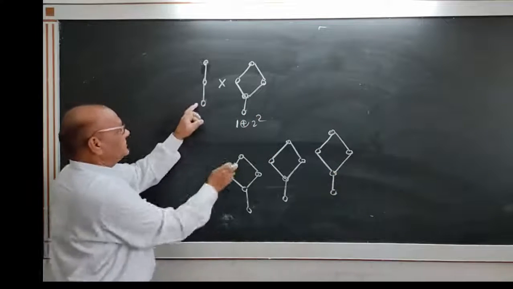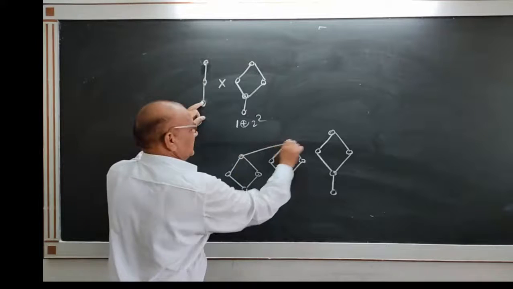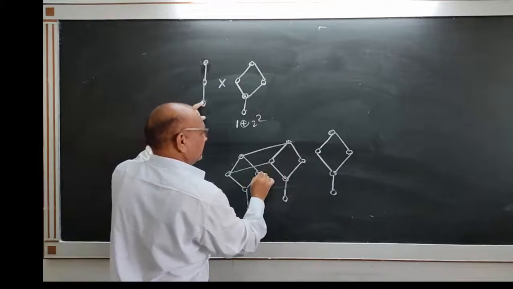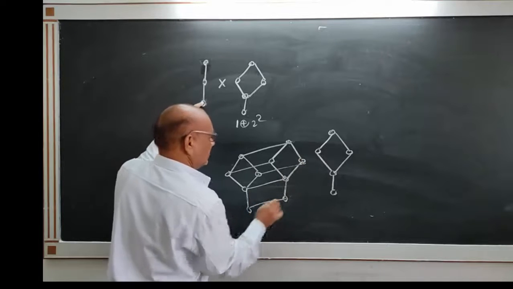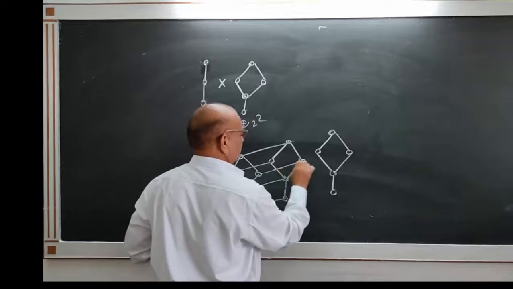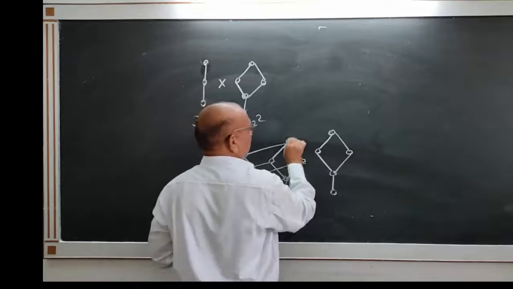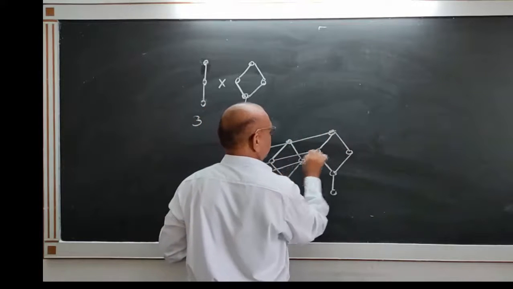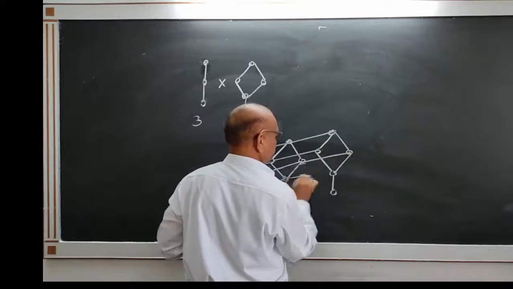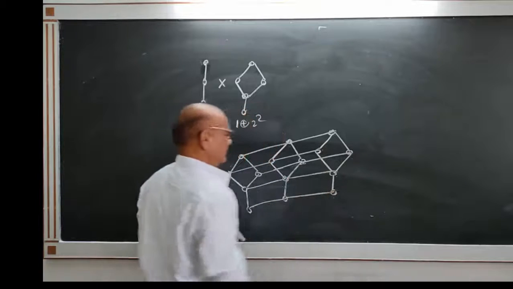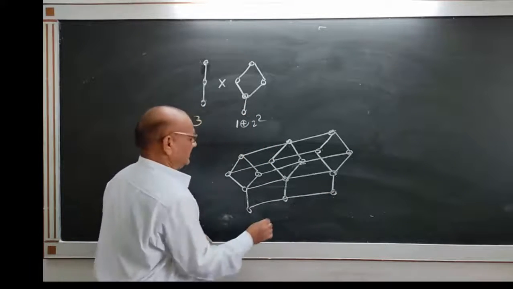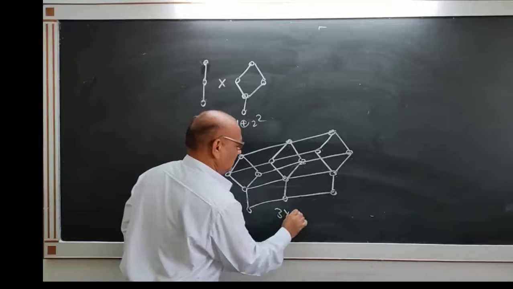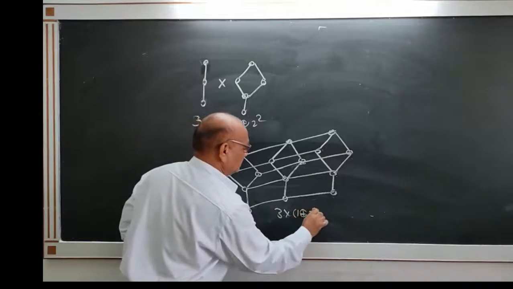And the corresponding join of these two, that means these two corresponding elements. Like this is L cross K, or 3 cross 1 additional circle 2 square.